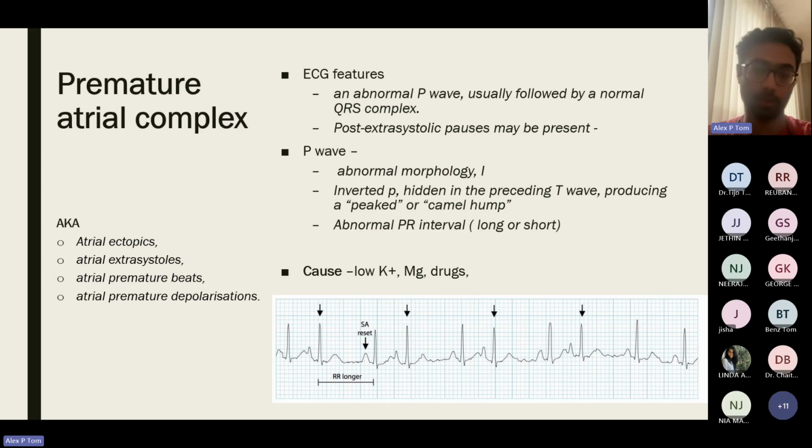So that is what you need to worry about when you see this. Common causes are abnormal electrolytes. So check the electrolytes and make sure all those are in normal range, and then review the drug list of the patient, and that might help you find out the cause.